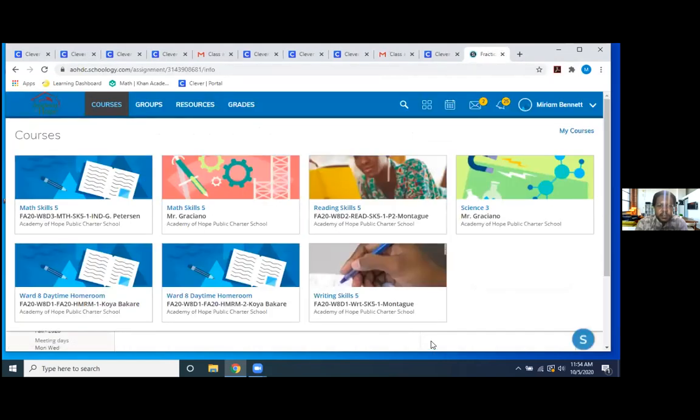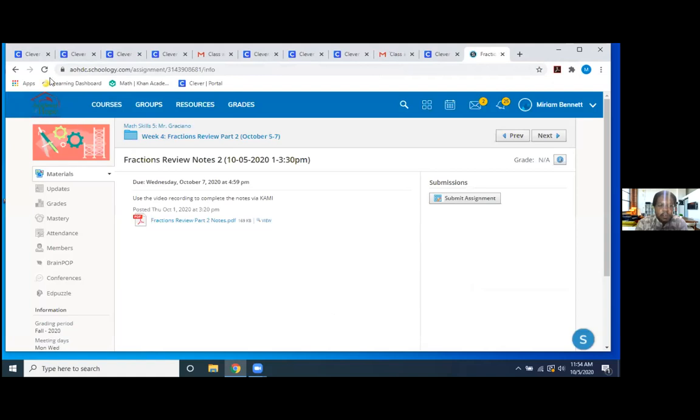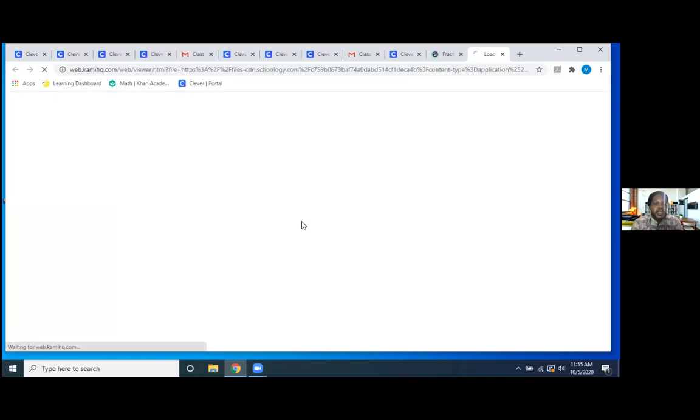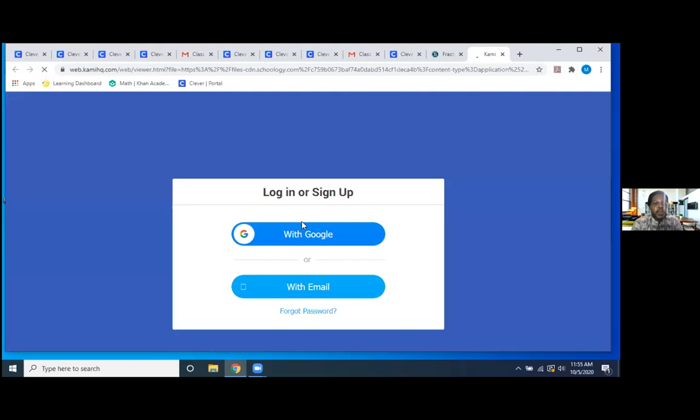Now when I refresh this page, whenever I say open an assignment with Kami, you're always going to look for this gray box from now on. It wasn't there before, no, I had to add it. When you click on Kami, it's going to open up, and I have to do all the permissions probably because this is the first time you're opening it. So give me one more second and then I'll give you your screen back.